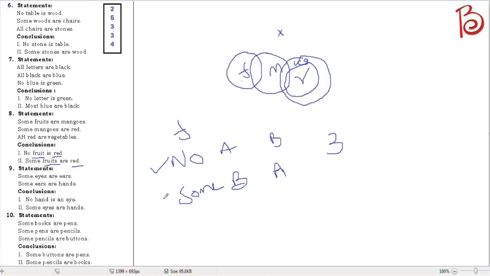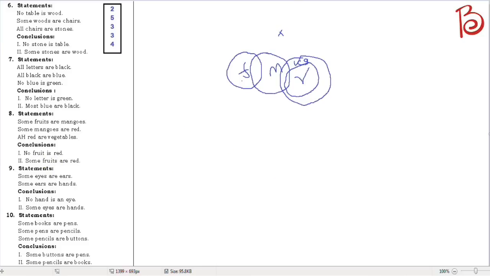It will be either this or this. Suppose it is no and all, then either one will be right or both will be wrong. Only if it's no and some, with the same pair A B and B A, then the option will be third. This is the common thing. When you see questions like this, you can directly put option 3.